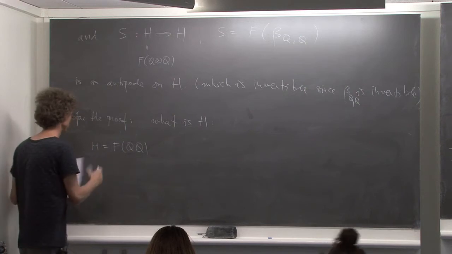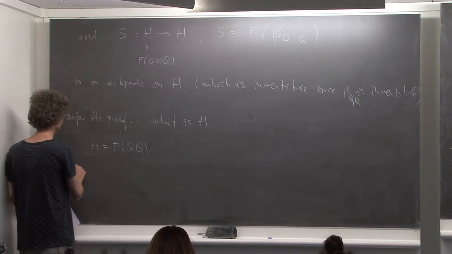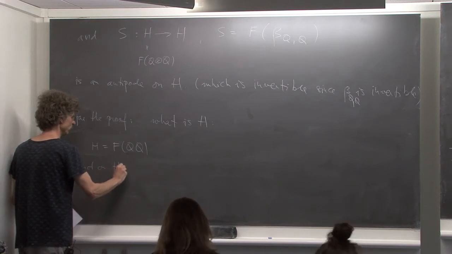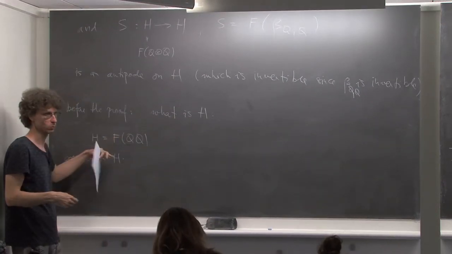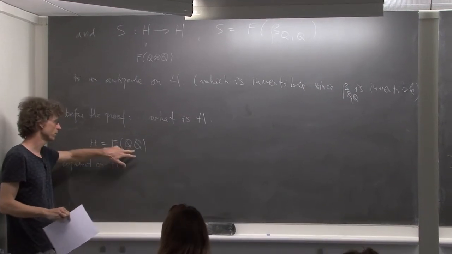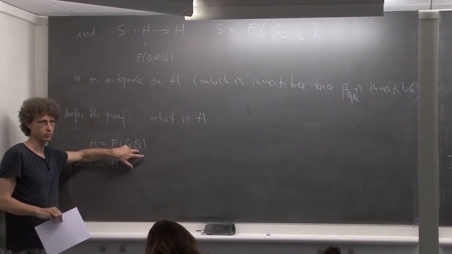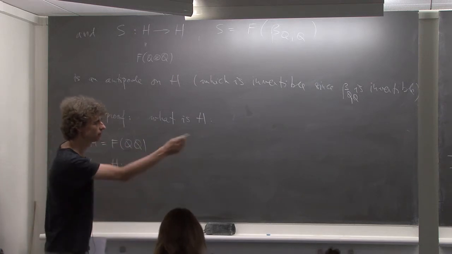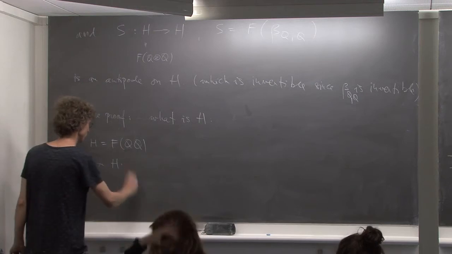Now, what is the coproduct on H? It's supposed to be a bialgebra, so there should be a product and a coproduct. The coproduct simply, as a coalgebra, inherits the coalgebra structure on Q tensor Q. So it's the thing that I just erased at some point.